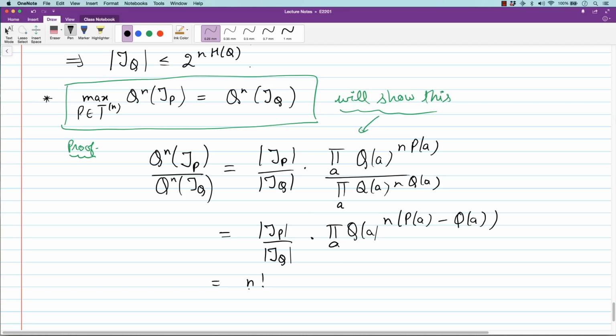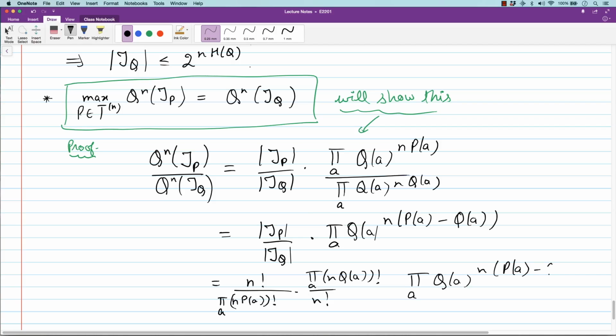That's n factorial, the multinomial expression, over product over all a of nP(a) factorial. Similarly, n factorial over product over all a of nQ(a) factorial, times product over a of Q(a) to the power n(P(a) minus Q(a)).